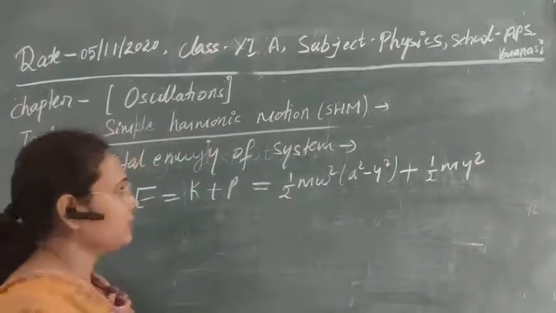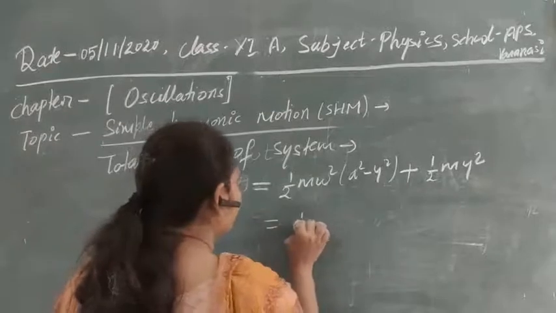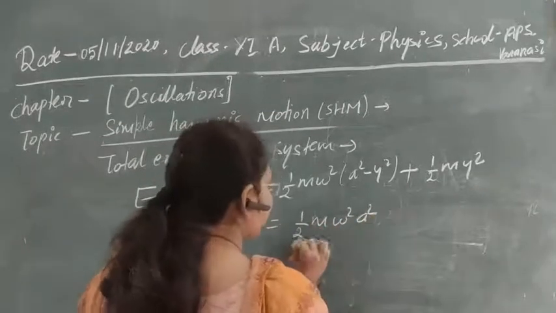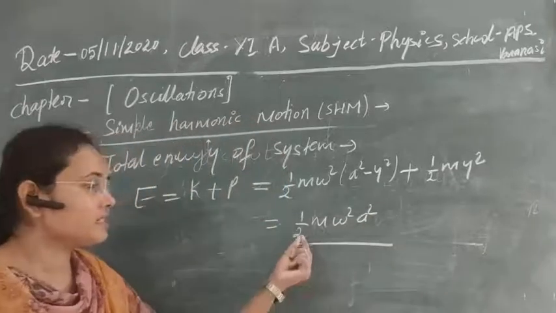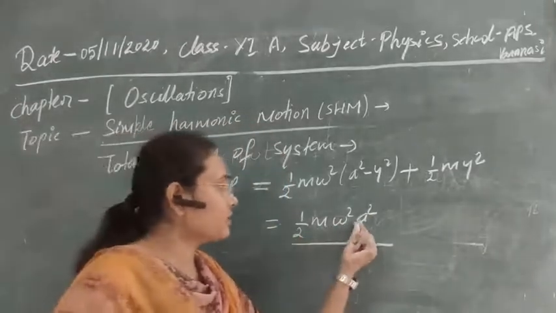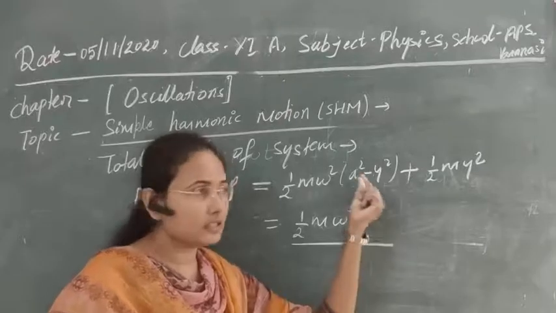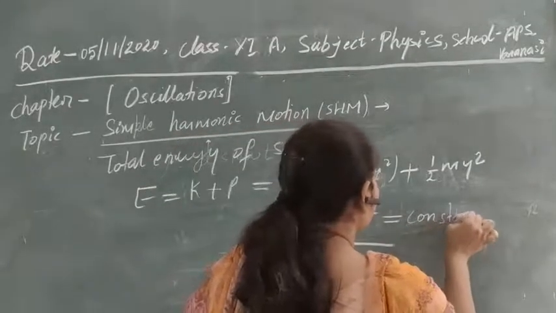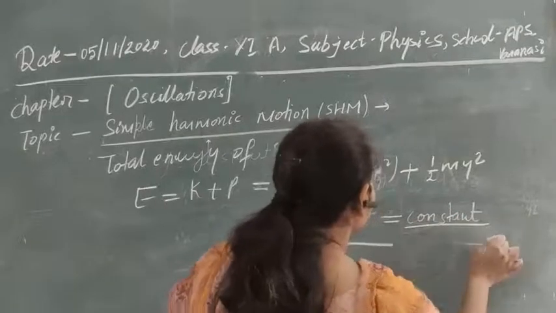After adding these two quantities, we obtain half m omega square a square. As we see, in this term m is constant, omega is constant, and the amplitude is constant in the case of simple harmonic motion. So finally this whole value is constant.